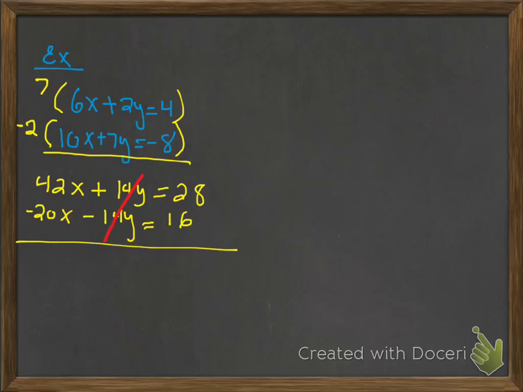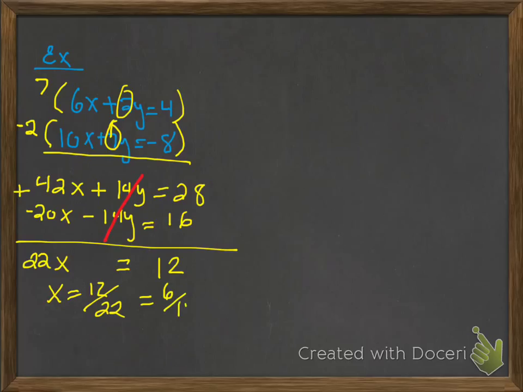I just multiplied the top by the number I had in the bottom and the bottom by the number I had up top. So when I go to add, I end up with 22x is equal to 12. From here I divide and I get x is equal to 12 over 22, which is also 6 over 11.